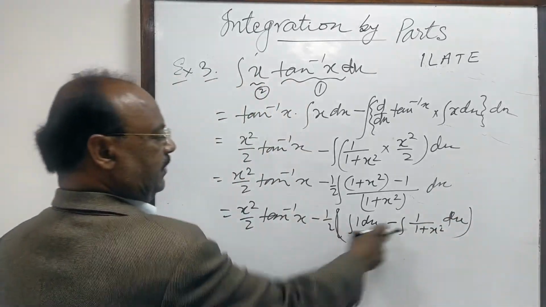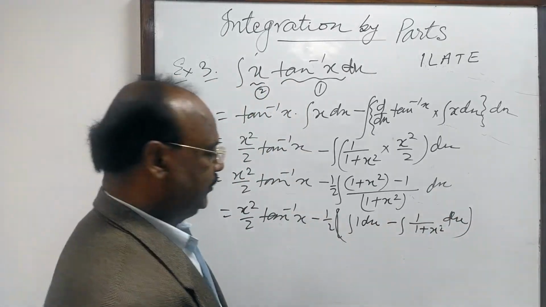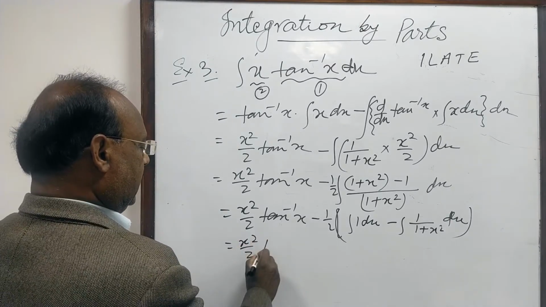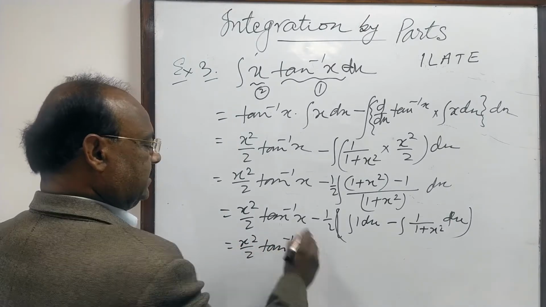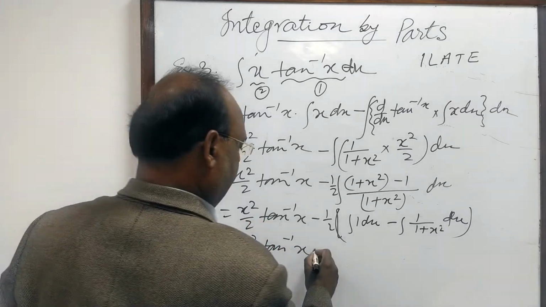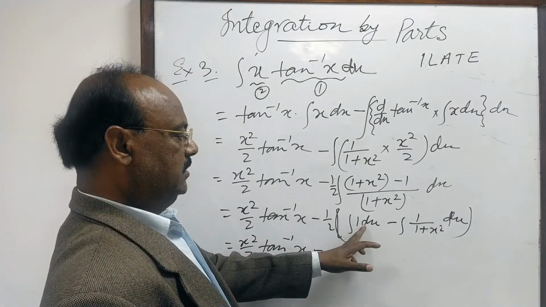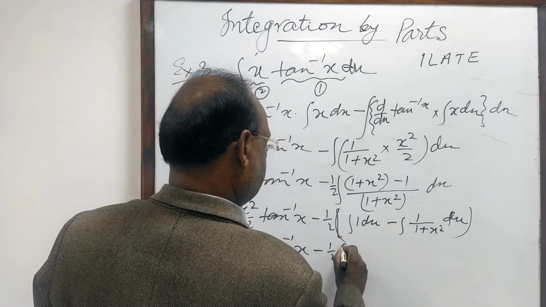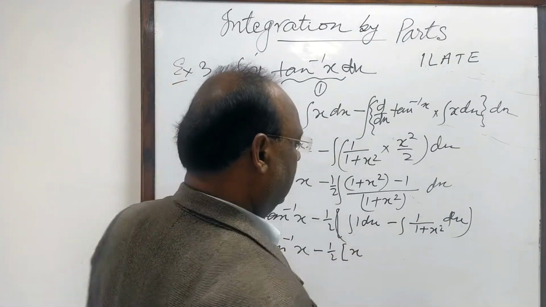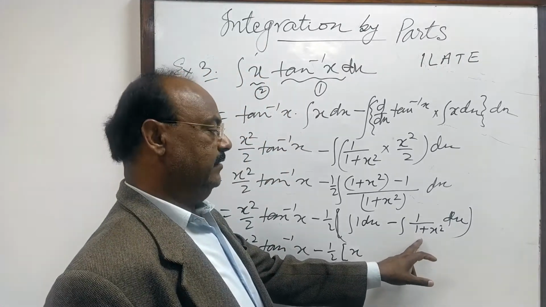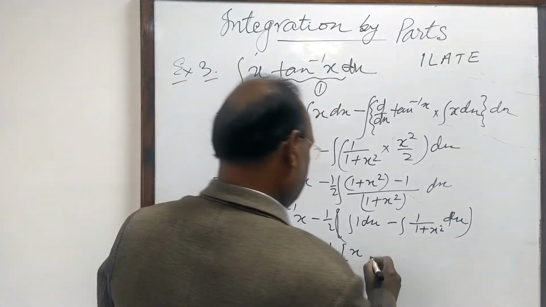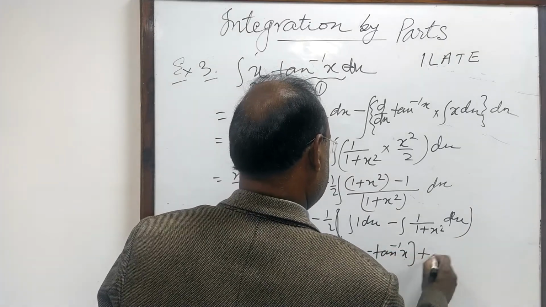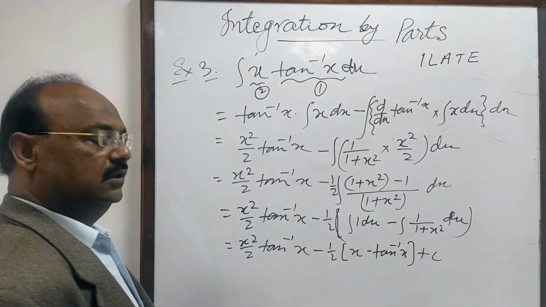This half is multiplied with this expression. Now this can be written as x square by 2 tan inverse x in the first term, and minus, the integral is x, so this is minus half x, and this integral is tan inverse x, so minus half tan inverse x plus c. This is the result.